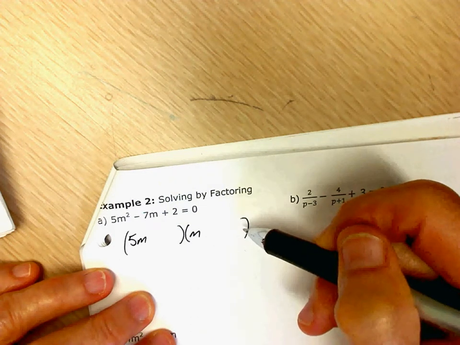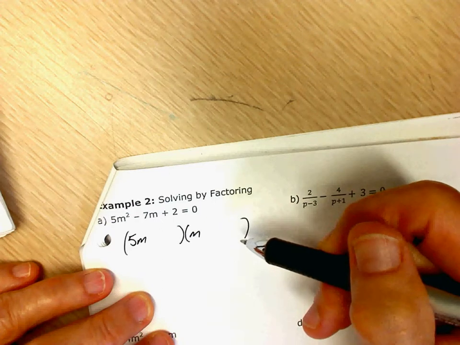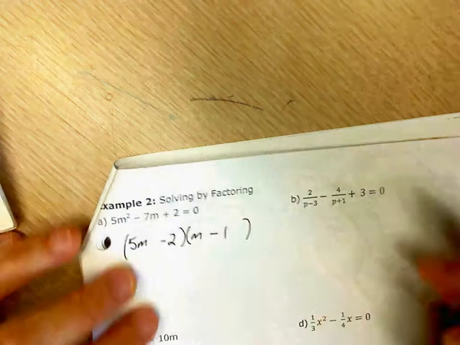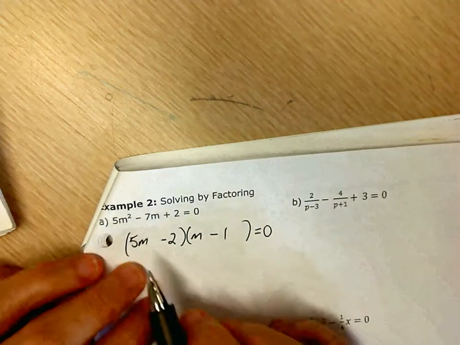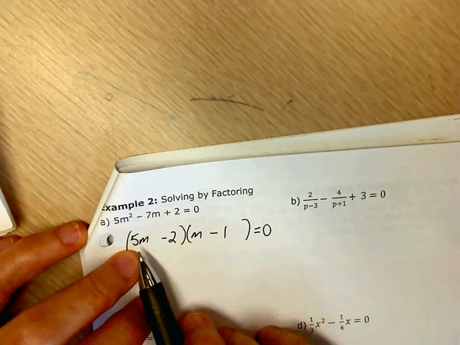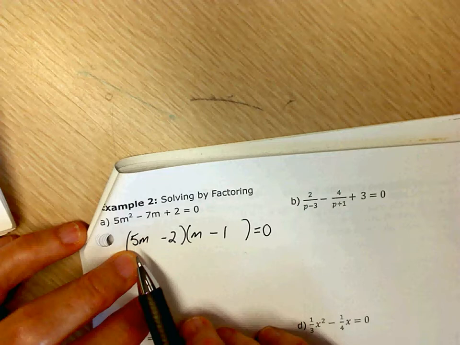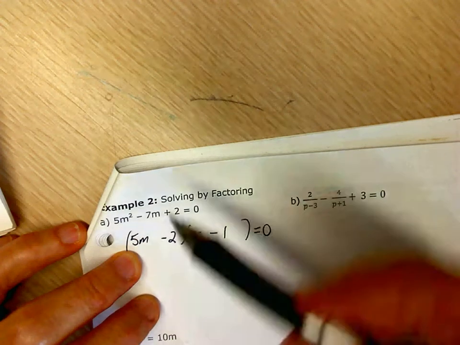So why don't we go minus 2, minus 1. How's that? Let's see how that works. Okay, check. On a test, just check. Well, you have to get a positive 2, right?